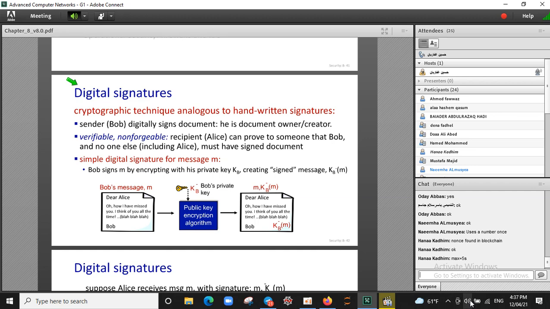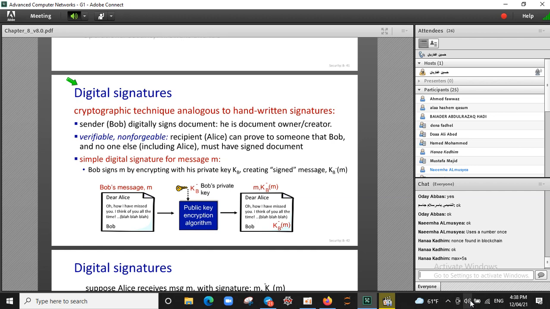How can I prove that this is Dr. Hamidi's message to me, the dean of the university? I'm looking for a signature. Dr. Rahmani signs this letter.